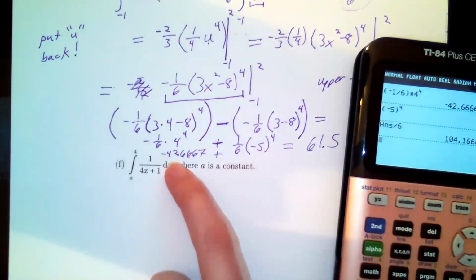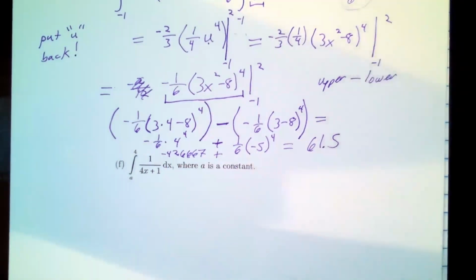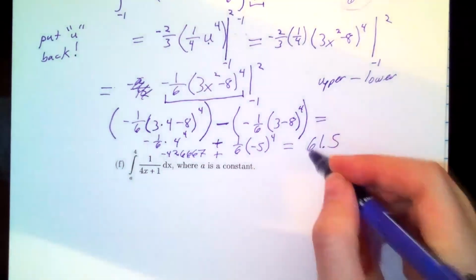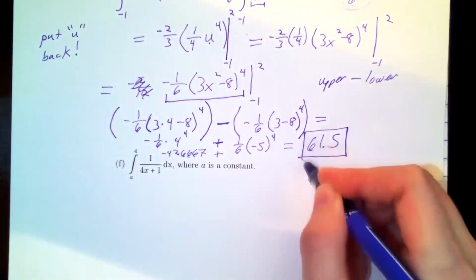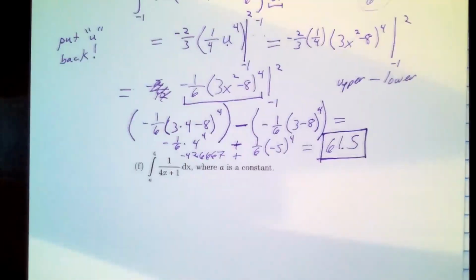So yeah, that looks like it's good. -42.66 plus 104.16667. We get that 61 and some change. So this looks good. It never hurts to go back and check your calculator. It's easy to just press the wrong button and get the wrong result.